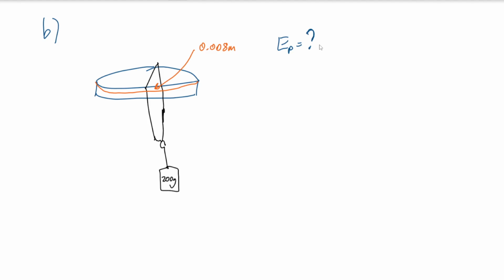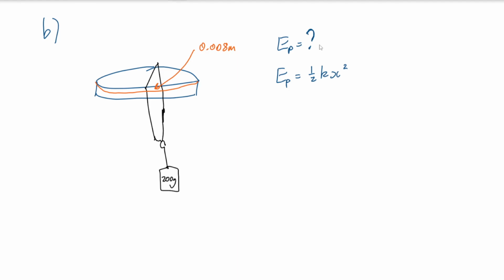So looking at our formula sheet, to calculate elastic potential energy of a spring, we need the spring constant, which is a property of the spring or the material, which we don't have, and we need how much it's deflected from equilibrium, which we do know, and that's 0.008 meters.